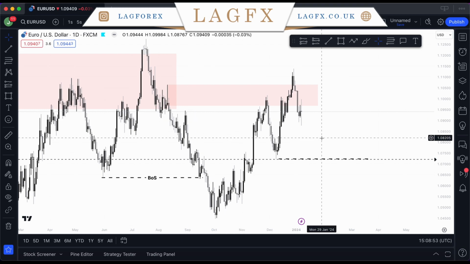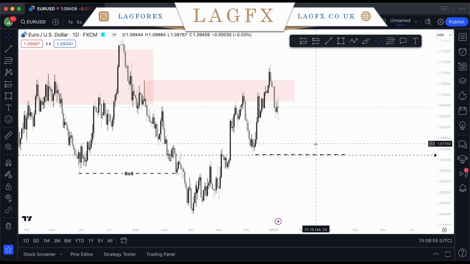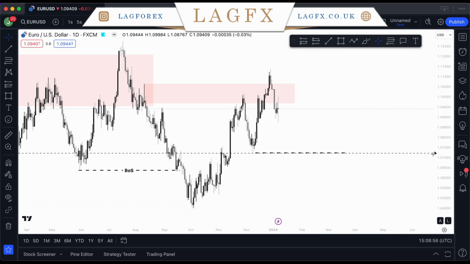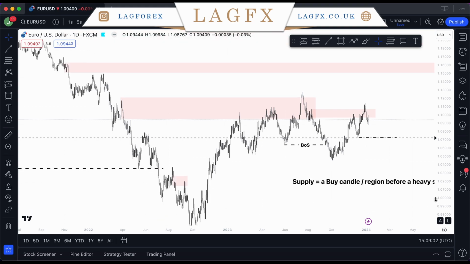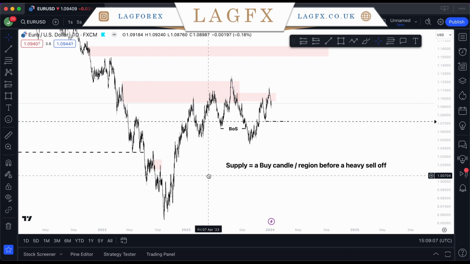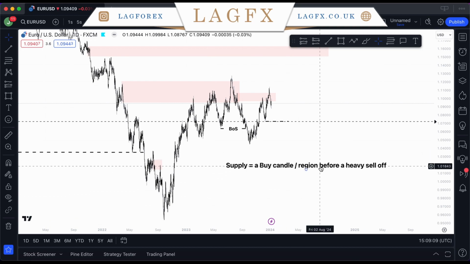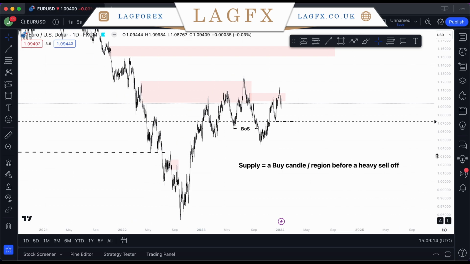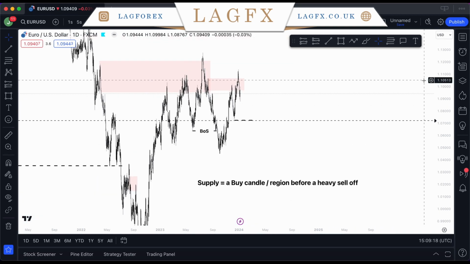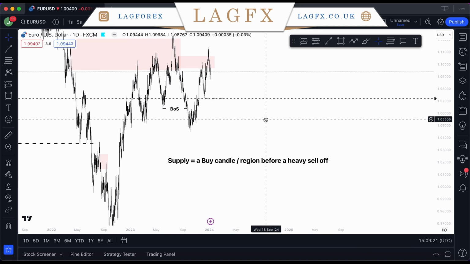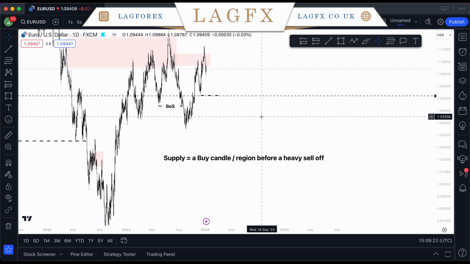If we see price react, if we see this break of structure, that could be an indication that we're then making the move lower, or price may decide it wants to move higher and mitigate this, if it's not ready to reverse just yet. So just remember, supply is a buy candle or buy region before a heavy sell-off, and demand is a sell region or sell candle before a heavy buy. So that's really how to identify them.